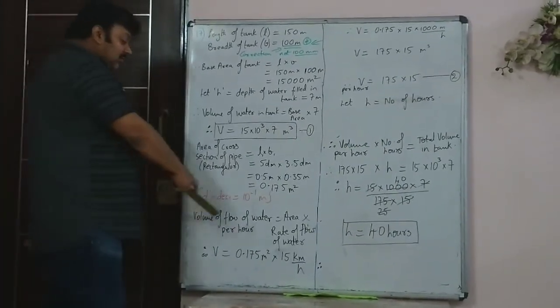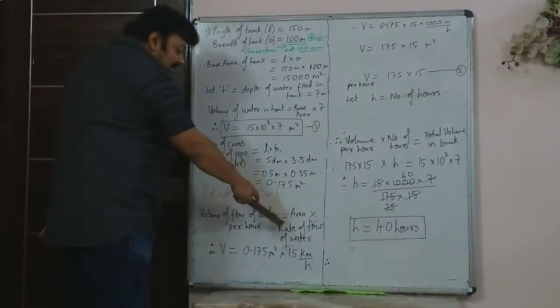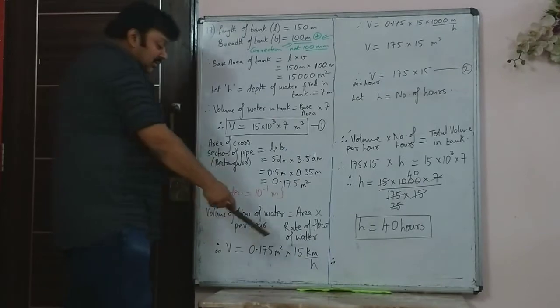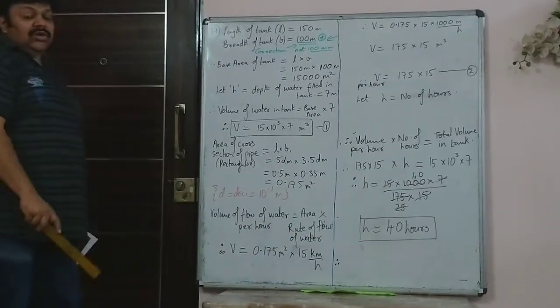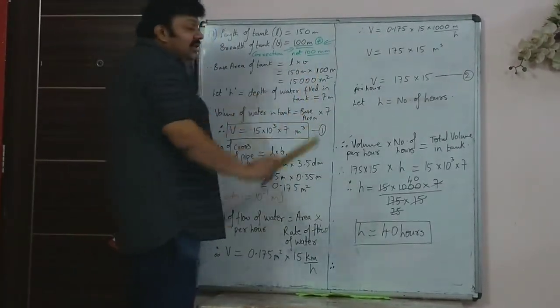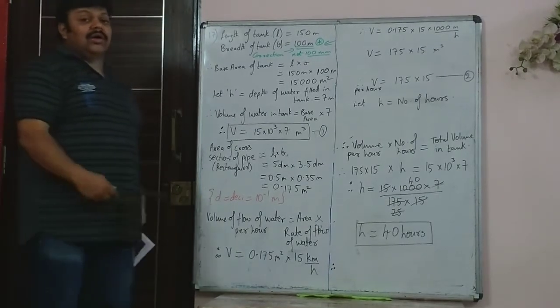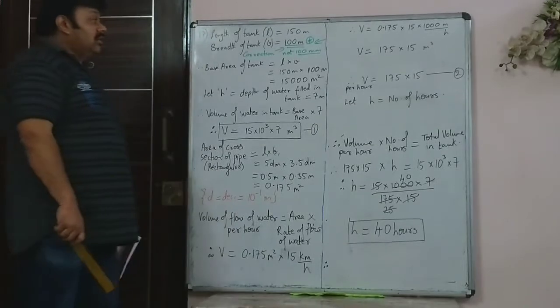Now volume of water flowing out from the pipe in 1 hour is this area into the rate at which water flows out of the pipe, because this rate is given as 15 kilometer per hour. So it will be 15,000 meter per hour. I have left it as hour only, I have not converted it into seconds. My final answer, how many hours it takes to fill the tank, I will find in hours.